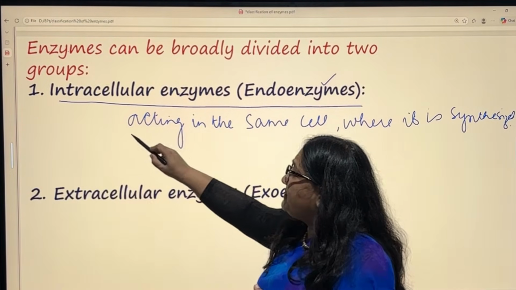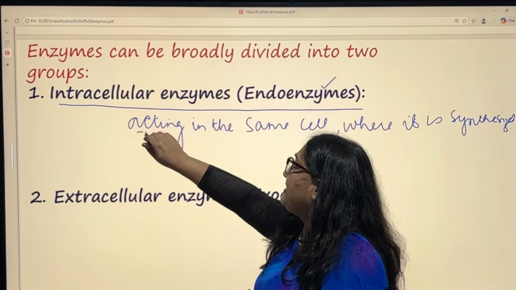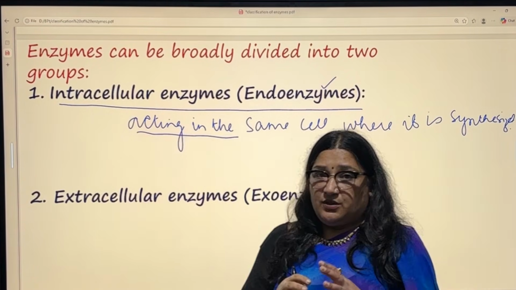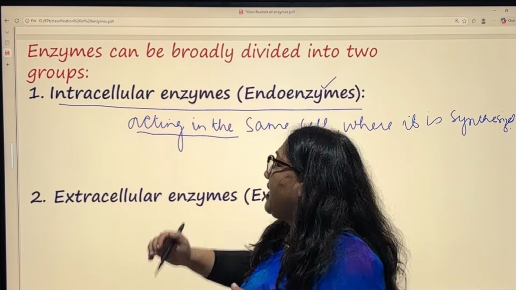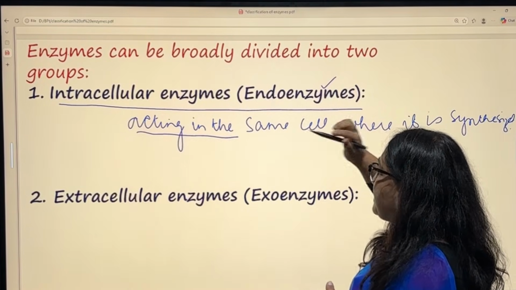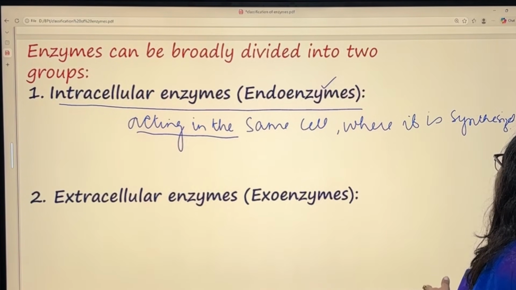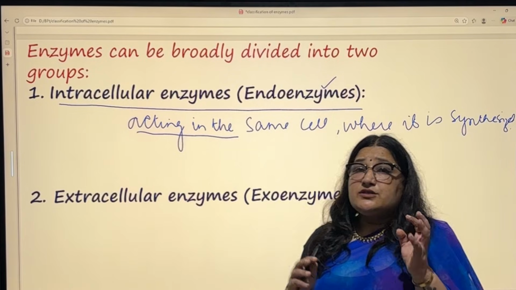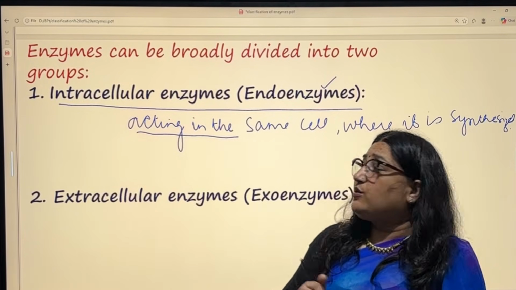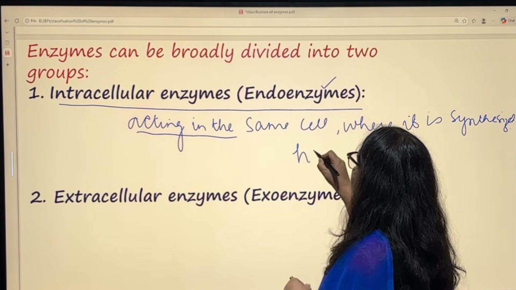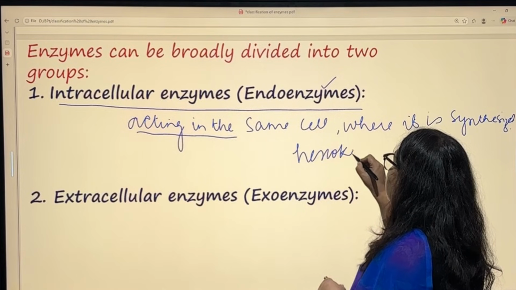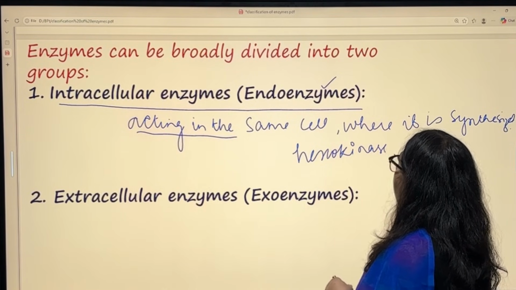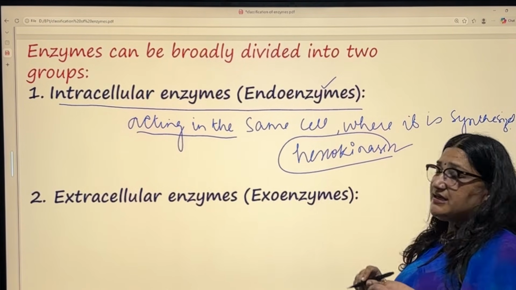The enzymes which act at the site of synthesis are known as endoenzymes or intracellular enzymes. One classical example of an endoenzyme is the glycolytic enzyme hexokinase. It is acting within the cell and it is synthesized within the cell.